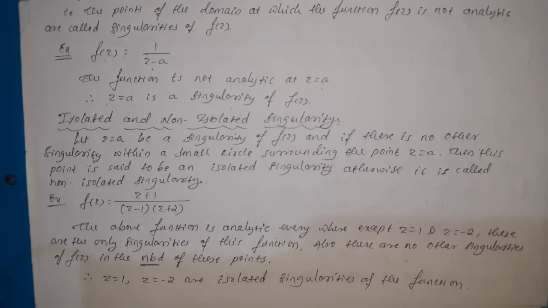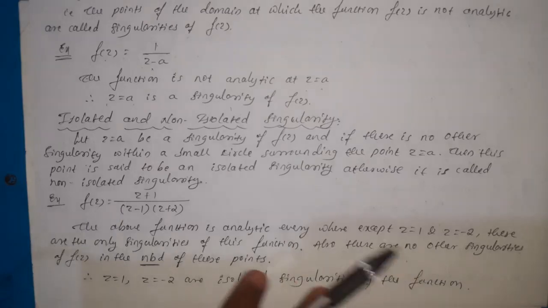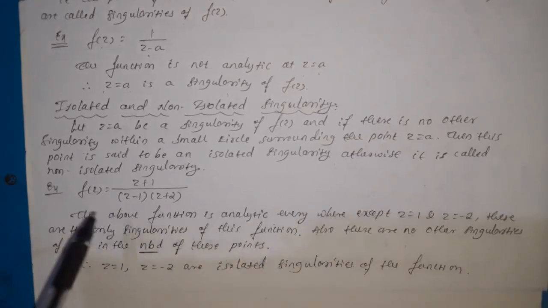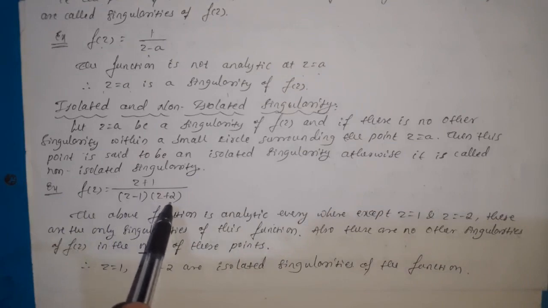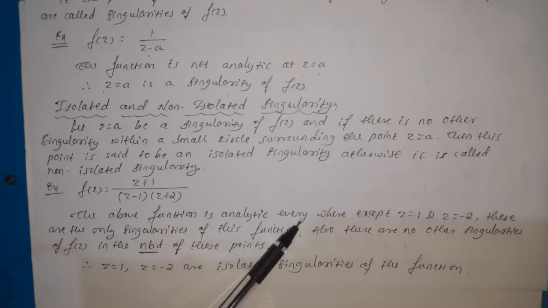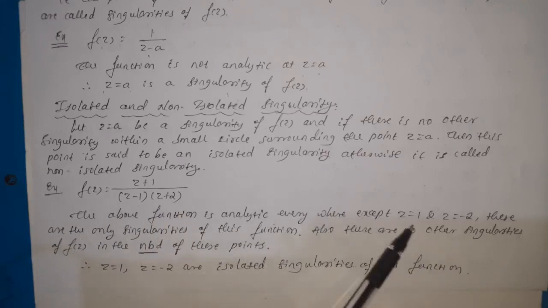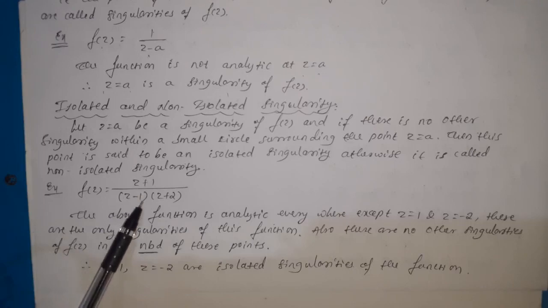Isolated means that it should be unique in that circle. So for example, f of z equal to z plus 1 divided by z minus 1 into z plus 2. Now the above function is analytic everywhere except z equal to 1 and z equal to minus 2. Here z minus 1 equal to 0.